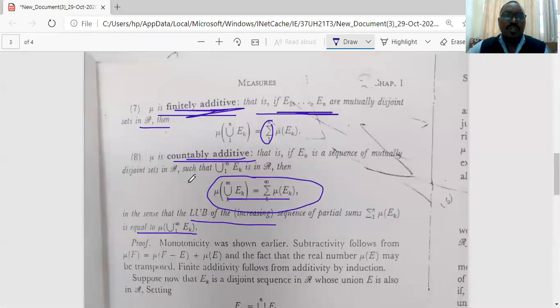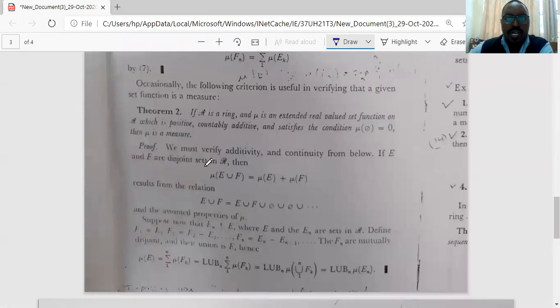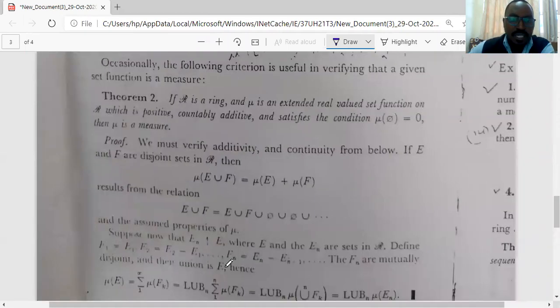So you can just call them 1, 2. That's why we have theorem 1 here. So now we are going to theorem 2. So it's just a continuation. Otherwise, there's no harm in those parameters the way they have been listed here. You just need to understand the book that you're using and how things have been arranged.